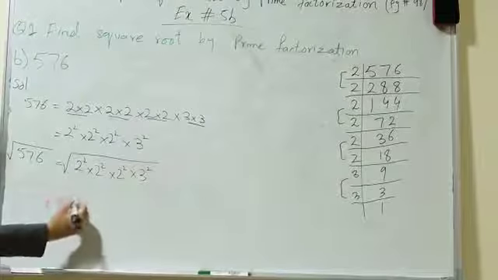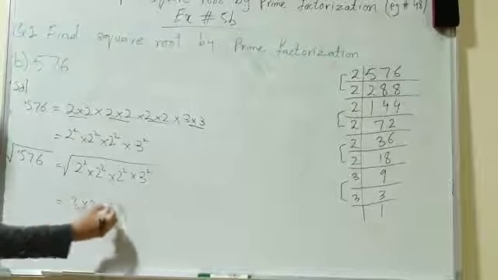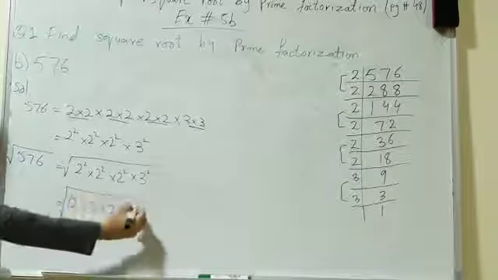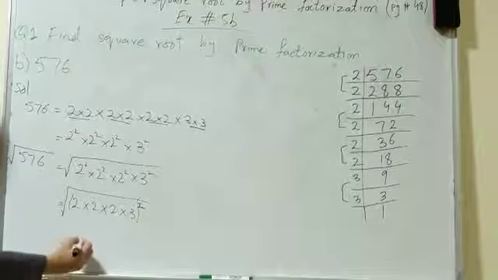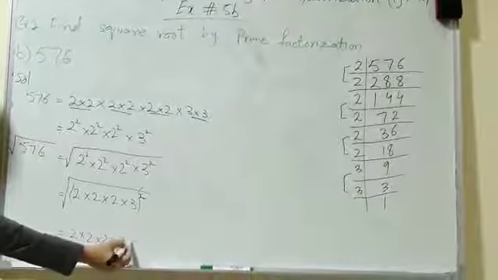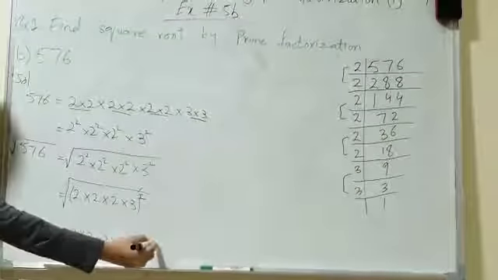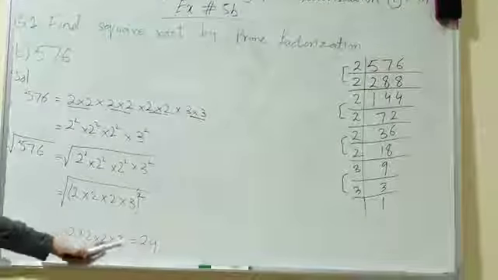And we can cancel the power, that is 2, in all the factors by the square root. And we will get 2 multiplied by 2 multiplied by 2 multiplied by 3, which is equal to 24. So it means the square root of 576 equals 24.